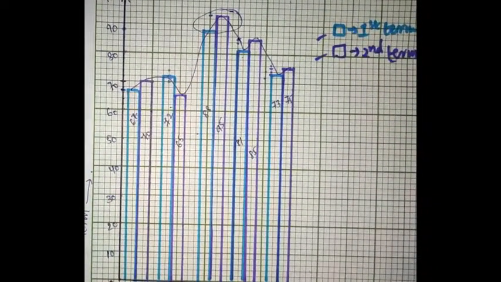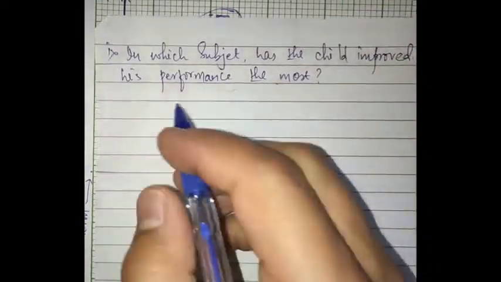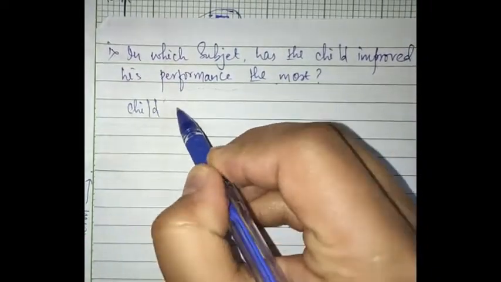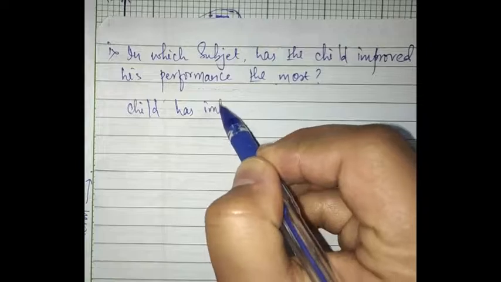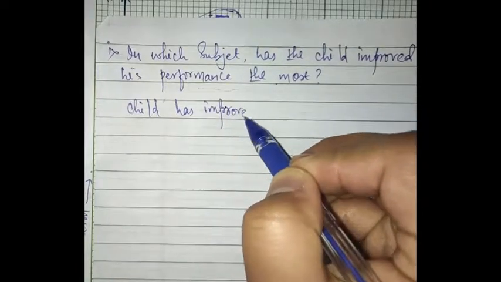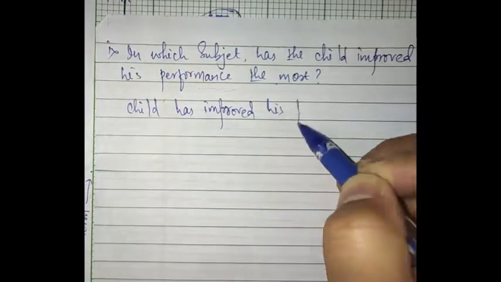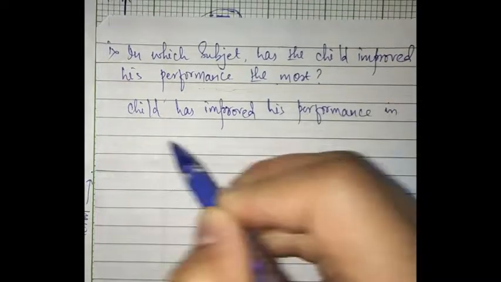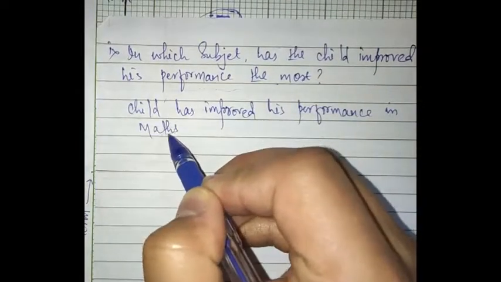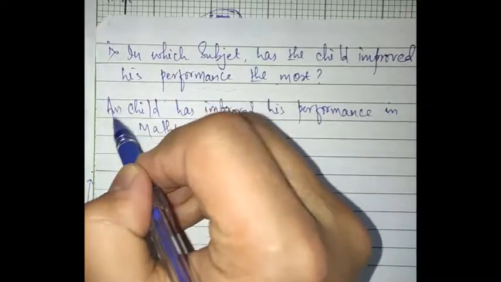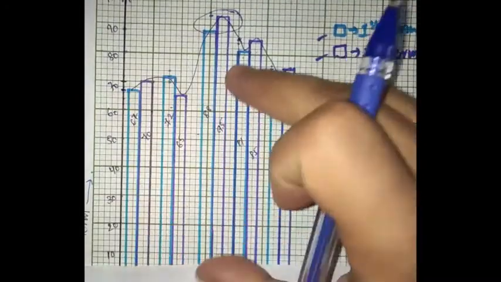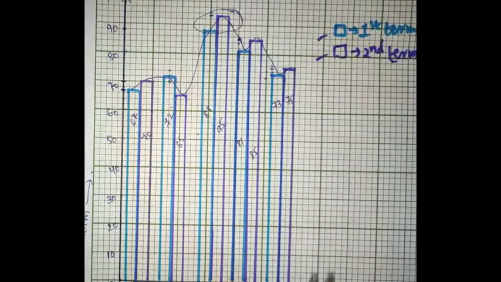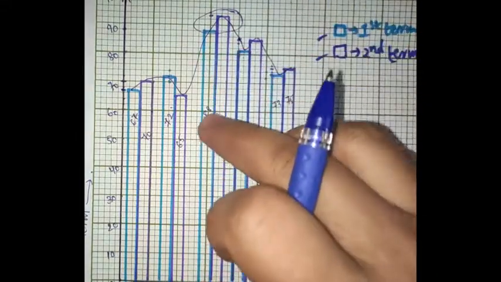So your answer will be: the child has improved his performance in which subject? In maths. Alright, so this is the first answer, because the maximum marks were obtained by the student in maths compared to the other subjects.